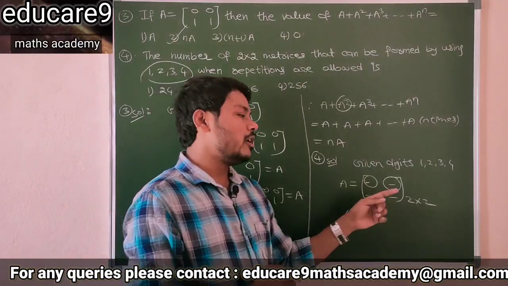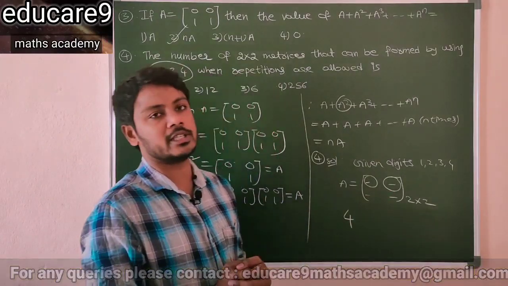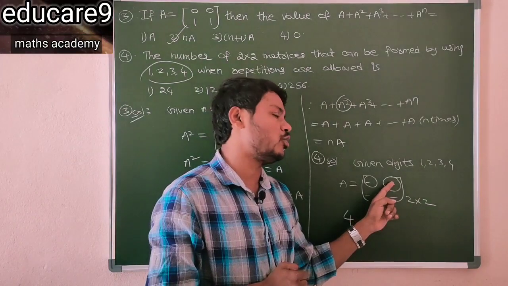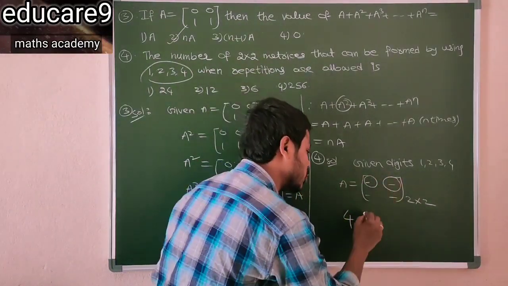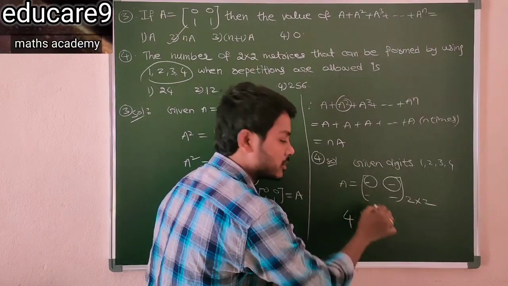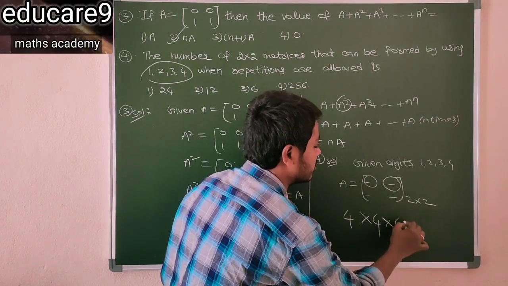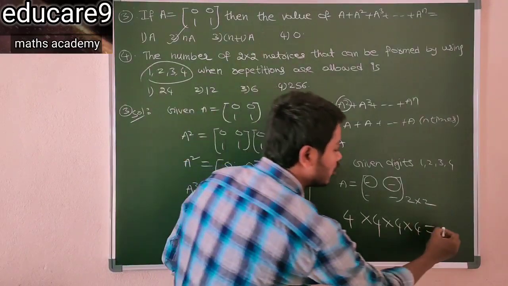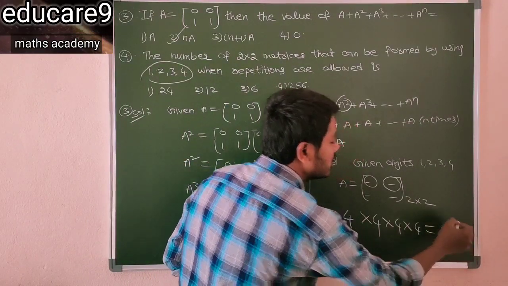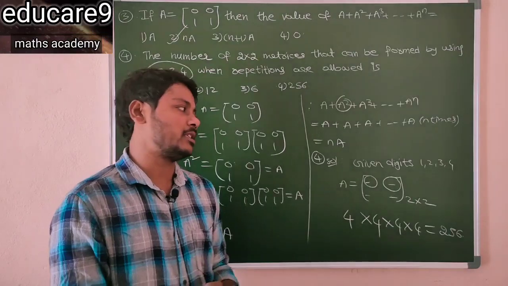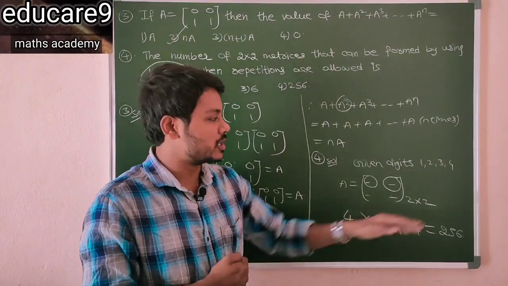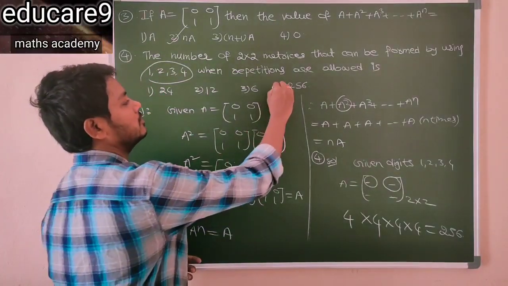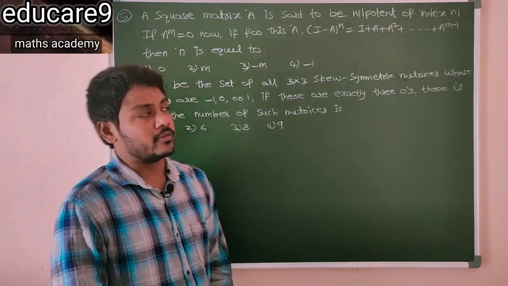So here also how many possibilities? 4 possibilities, because repetition is allowed. Here also 4 possibilities, and here also 4 possibilities. So clearly this is 256. So clearly 256 matrices are possible using these 4 digits. So clearly option 4.